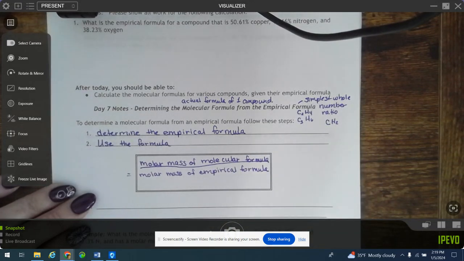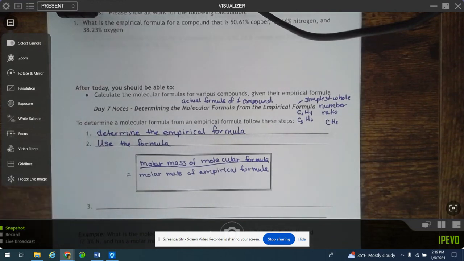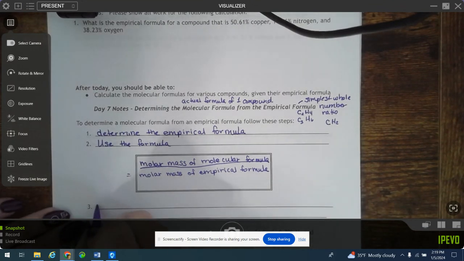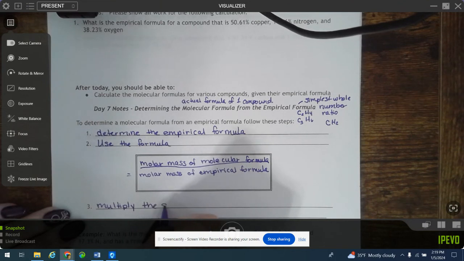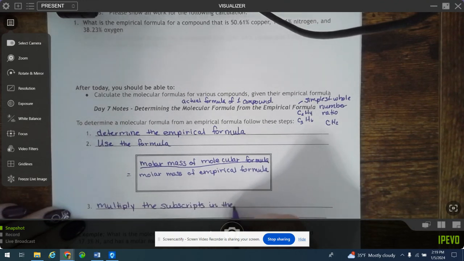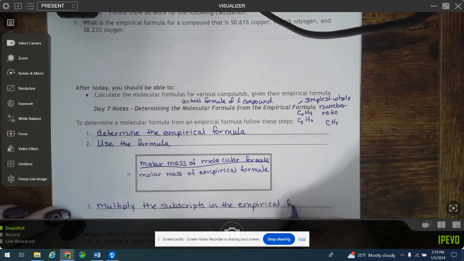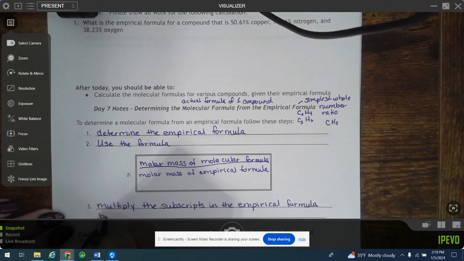What we should get is a whole number. And what you're going to do is multiply the subscripts in the empirical formula by this whole number that you figured out in step 2.